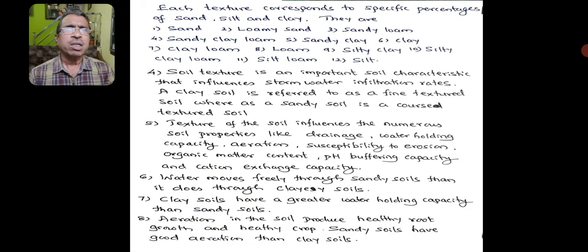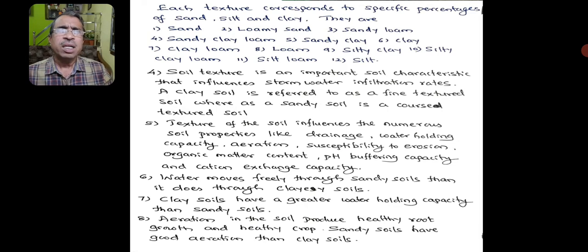Each texture corresponds to a specific percentage of sand, silt, and clay. Number 1 is sand, only the sand. Next, we call it loamy sand, which contains a lower percentage of clay and more percentage of sand. We have sandy loam, which means more sand and less loam or clay.